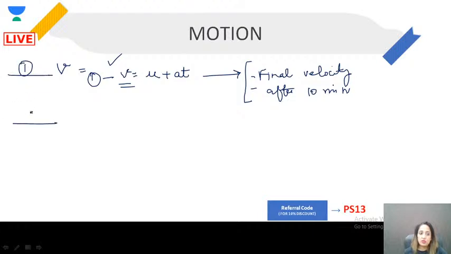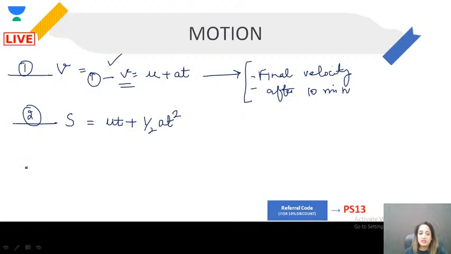Now let's say it says an object was moving with this initial velocity, this final velocity, how much distance is covered in a given time. When it asks how much distance is covered, then you use S = ut + half at square.